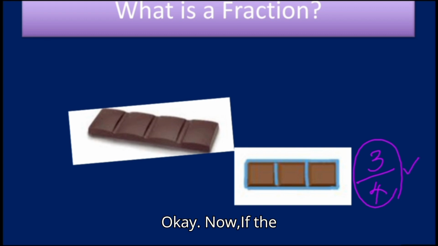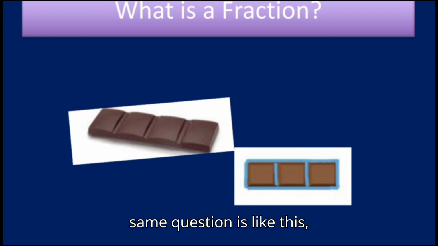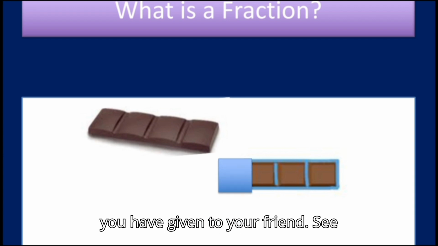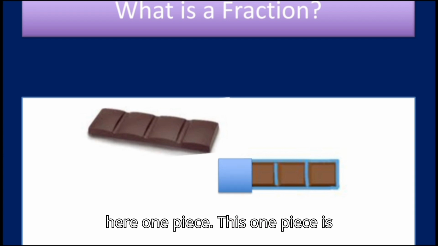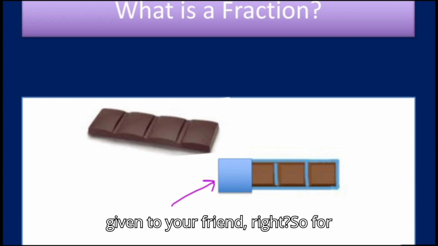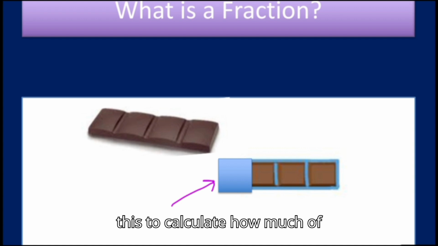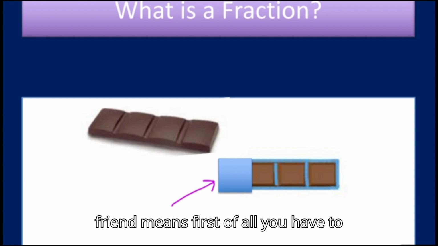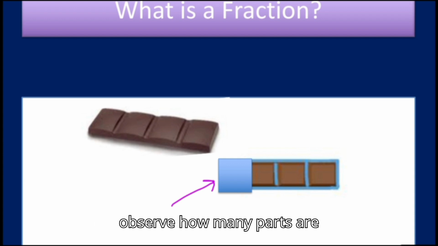Now, if the question is like this: how much chocolate have you given to your friend? One piece is given to your friend, right? To calculate this, first you have to observe how many parts are given to your friend.